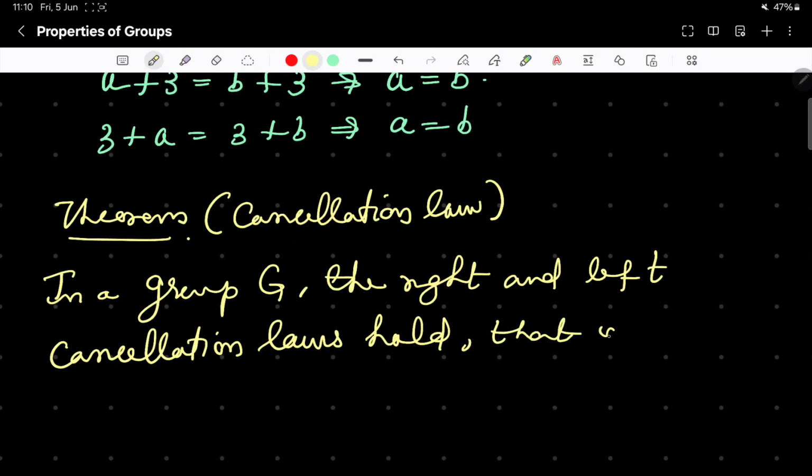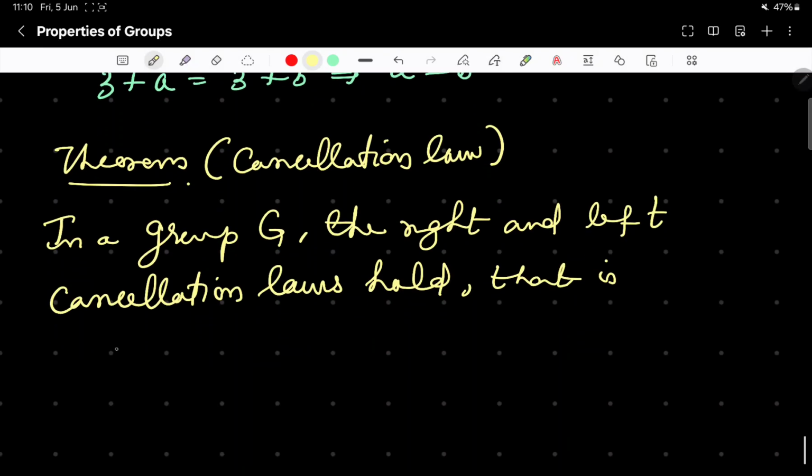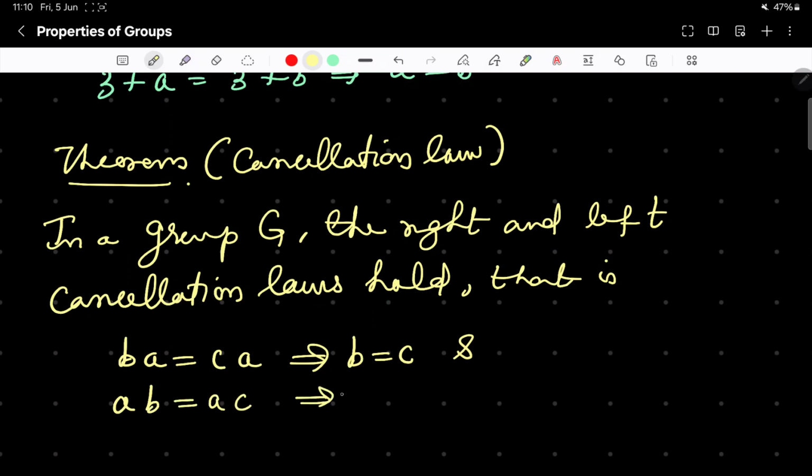That is, what is the meaning? B A equal to C A implies B equal to C. Similarly, A B equal to A C, that also implies B equal to C.